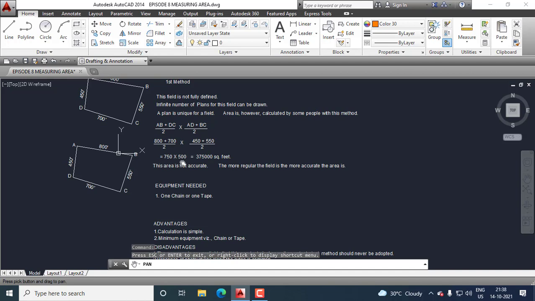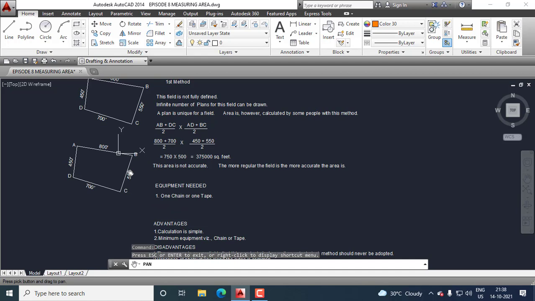So we multiply these two, 750 into 500, that comes to 375,000 square feet. This area is not accurate, it's only rough. If the quadrilateral is more regular, the area will be more accurate.